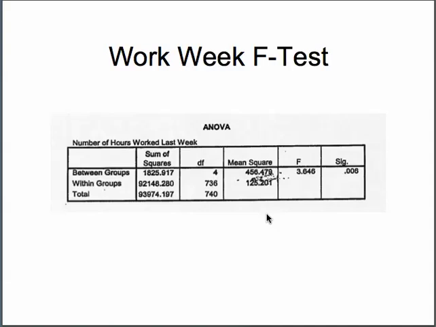Less than high school education, junior college education, bachelor's degree, graduate degree. The mean square between groups refers to the average sum of squared deviations from the mean value between the groups. Less than high school education, and so on.